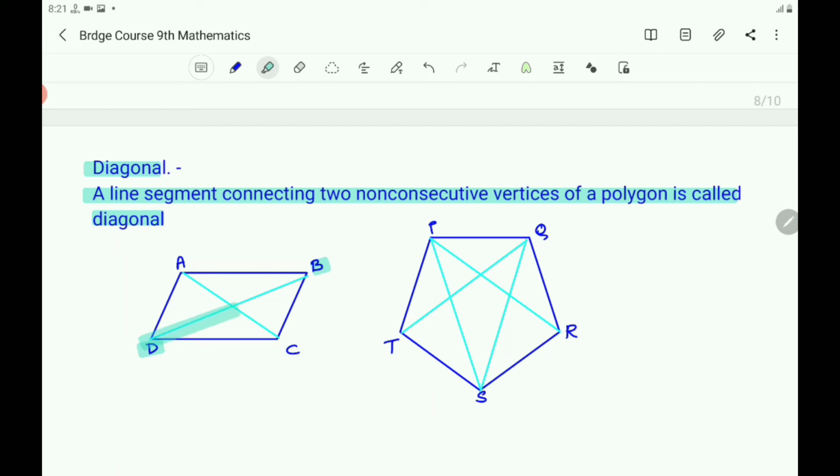If you join them, you will get a diagonal. So you can define that diagonal is a line joining the non-consecutive vertices of a polygon. So you can say that a line segment connecting two non-consecutive vertices of a polygon is called a diagonal.